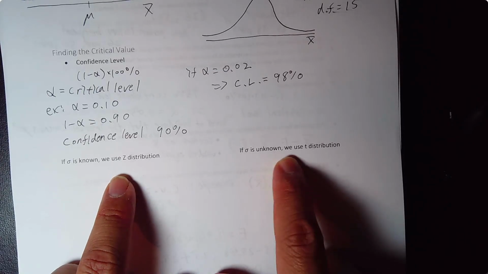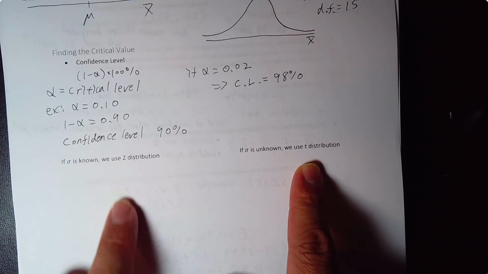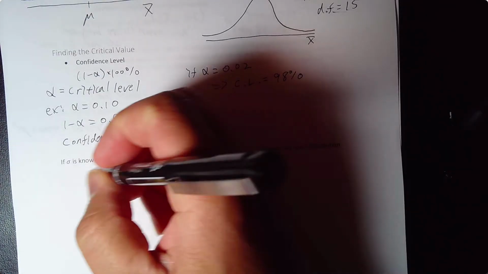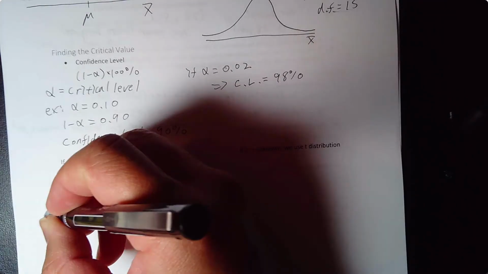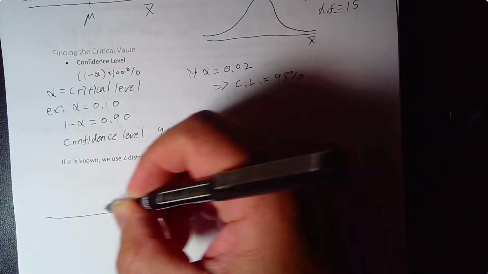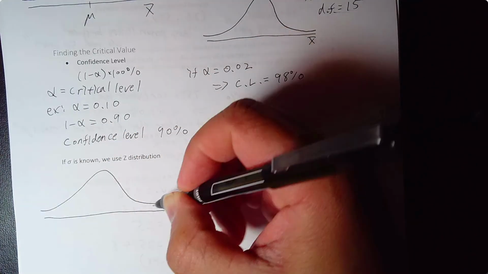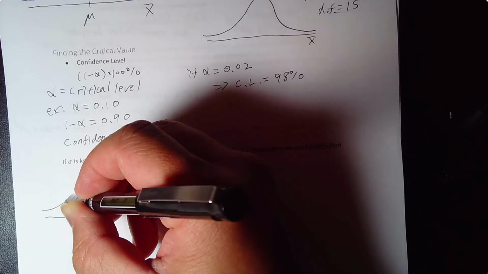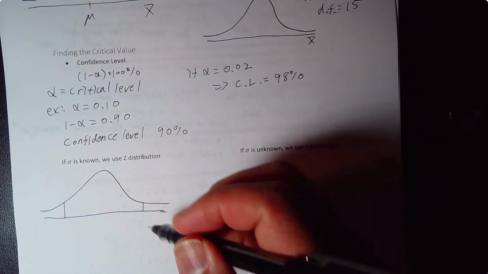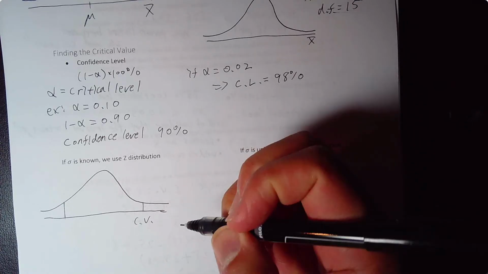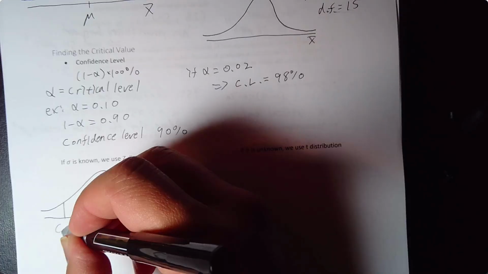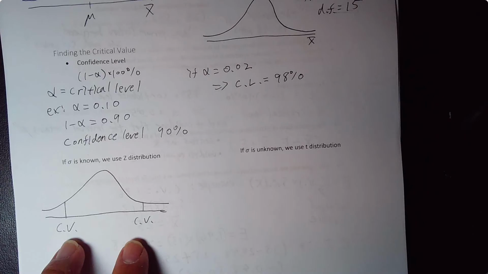Either way, the critical value is the number that will give us these two numbers.